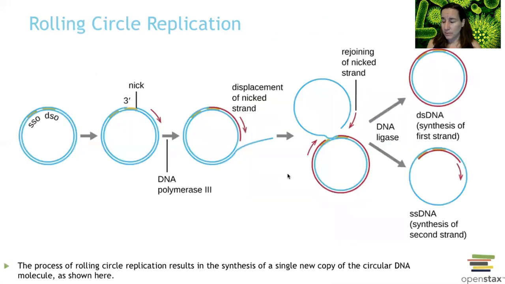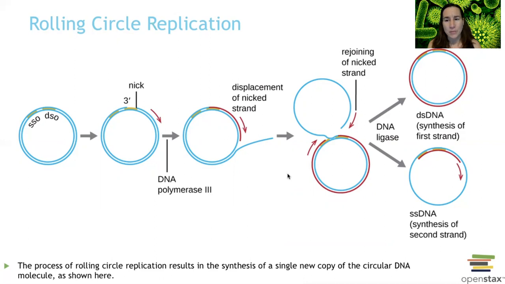Rolling circle replication. This is used by plasmids, because we said plasmids are the extra chromosomal DNA that bacteria can swap back and forth. And usually it's extra cool stuff like antibiotic or toxic genes, those toxins that can be produced.